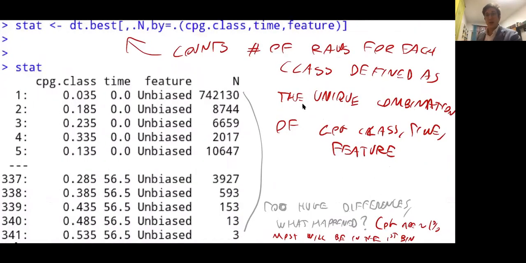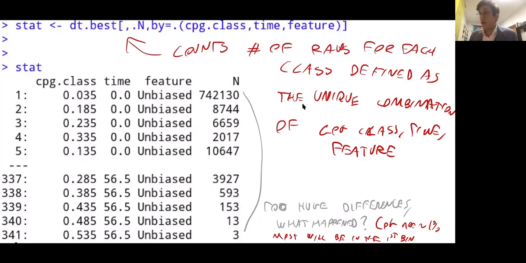I take this data table, the T best, and I just count the number of rows for each class, defined as the unique combination of CPG density, CPG class, time, and feature. So if you have a CPG class of, for example, 0.035 at time 0 for the feature that is unbiased, this tells us how many fragments we have in total: 742,130.